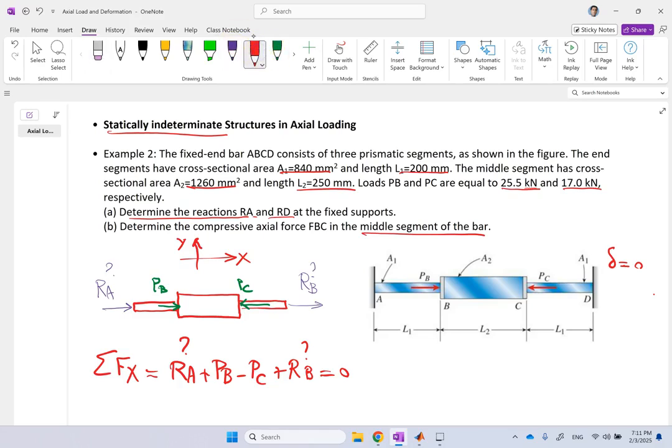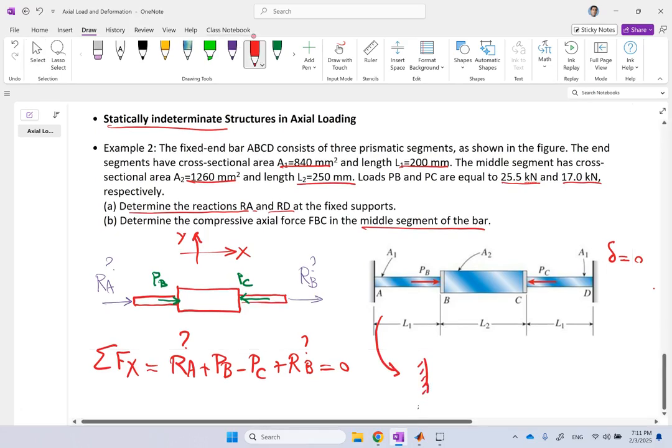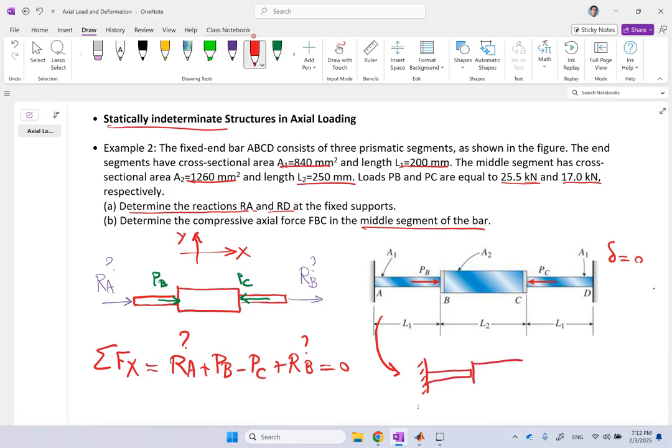We say that this rod, we release one of these ends that is fixed. Let's say it's fixed at A, but on the other side, we say that it's not fixed, we let it move.